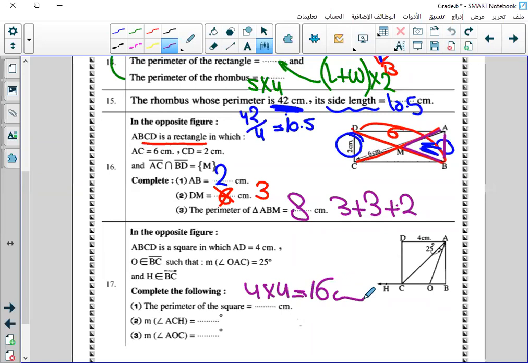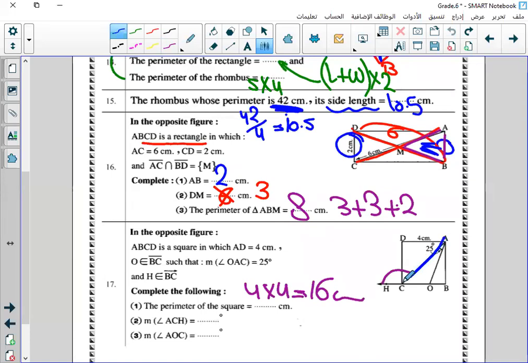Number 2, the measure of angle ACH. ACH equals 180 minus 90 plus 25, just one second. I will explain something.